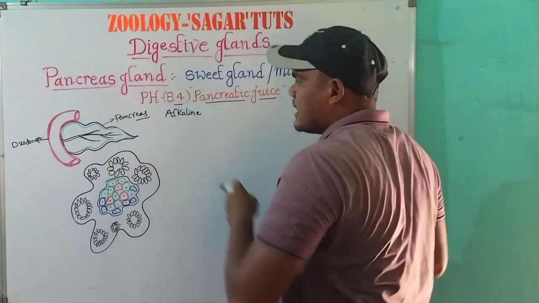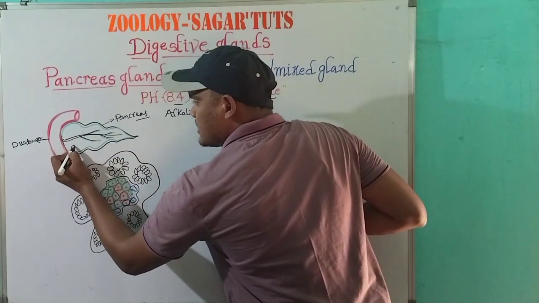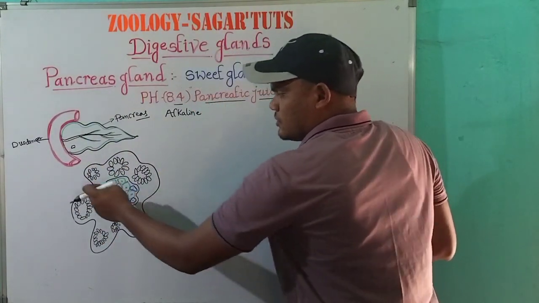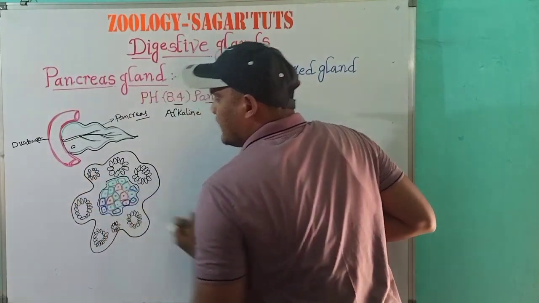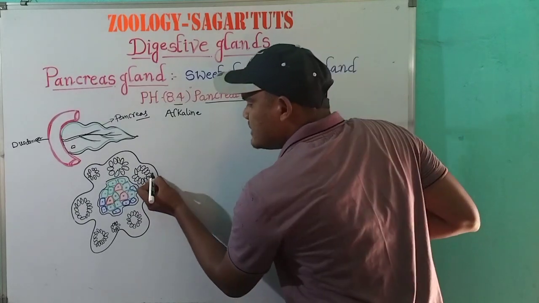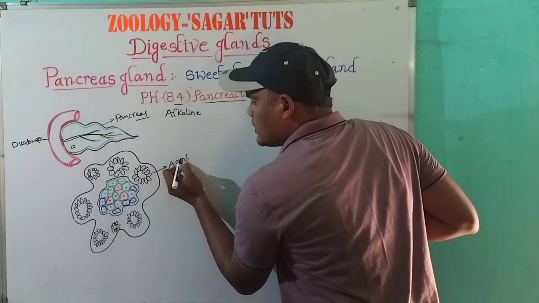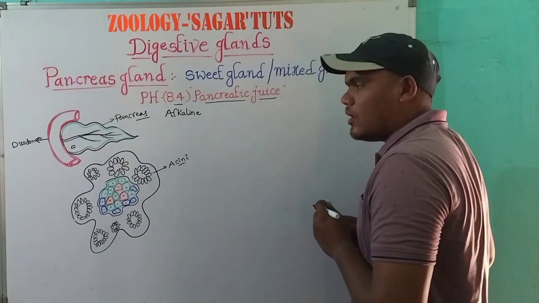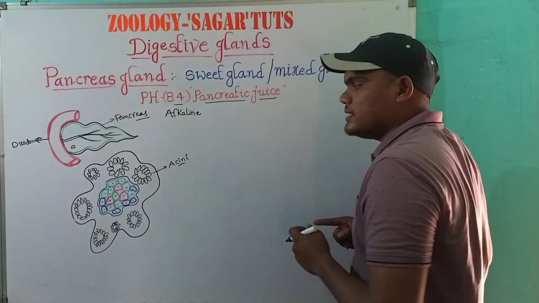So why is it a mixed gland? Let us see the pancreas gland in its microscopic structure. In the internal structure view, the outer region has the acini. These acini are clusters of cells, that is acini.